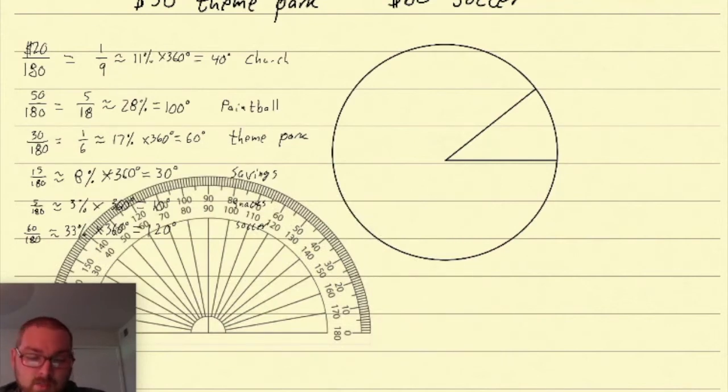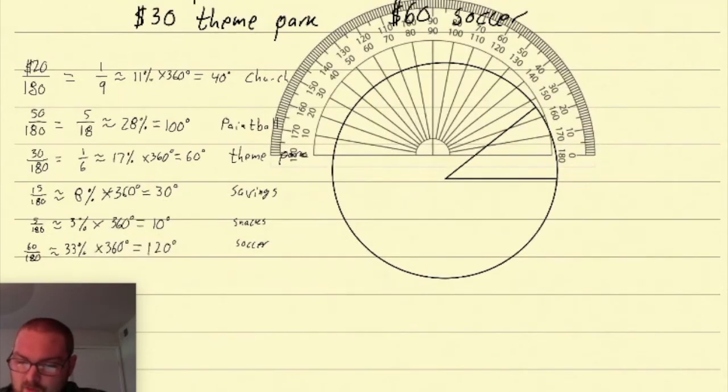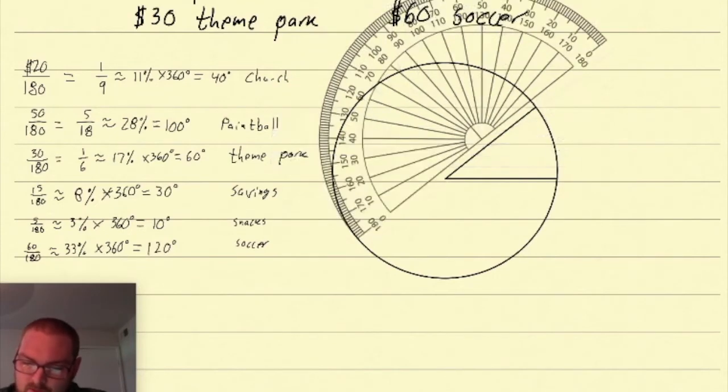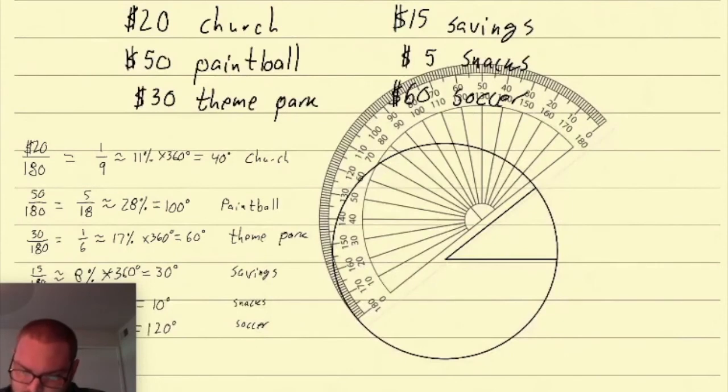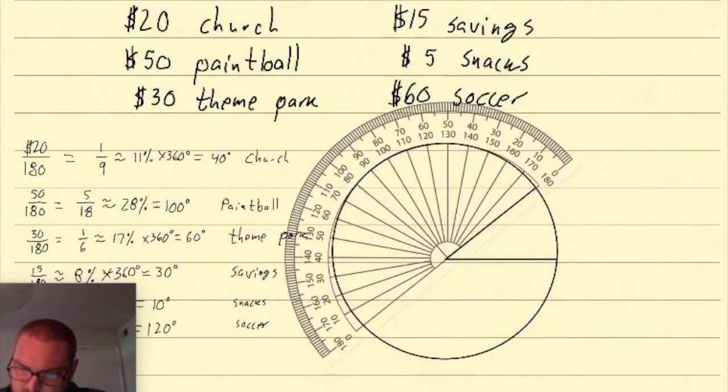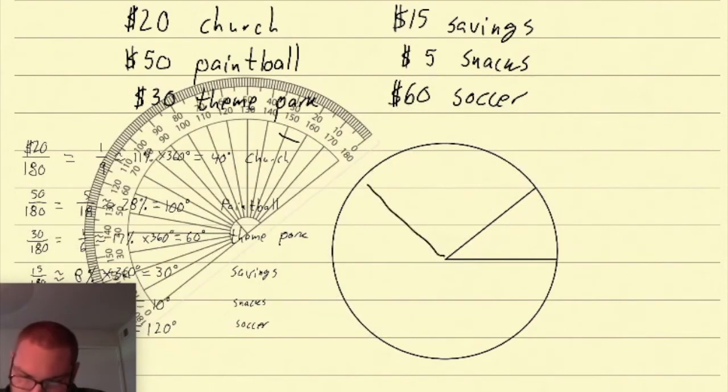Now we need the money on the paintball, which is a 100-degree angle. But it's a 100-degree angle from where we are now. So we turn our protractor, line it up with that, and we find 100 degrees, which would be here. I'll use a little tick mark to help me out. So my 100-degree angle should be about right there.